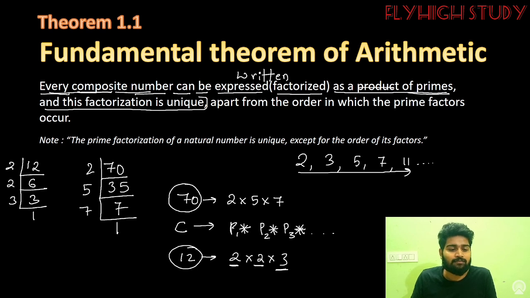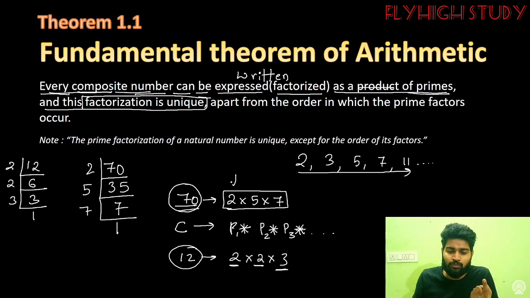What is the meaning of this, sir? Factorization is unique means what? When I say 70, the factorization is 2 into 5 into 7, correct? Means the factorization of 70 is 2, 5 and 7 only. You won't get other prime numbers.